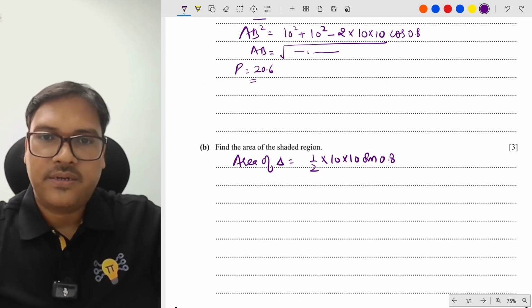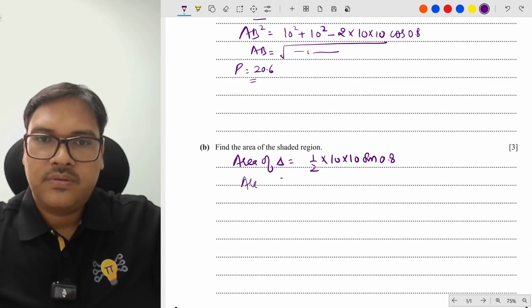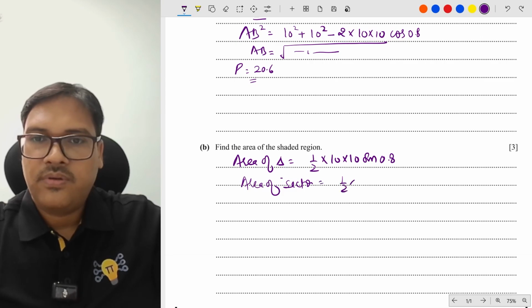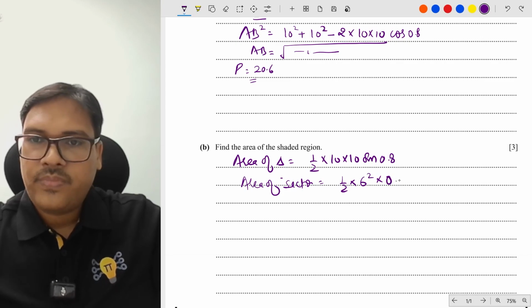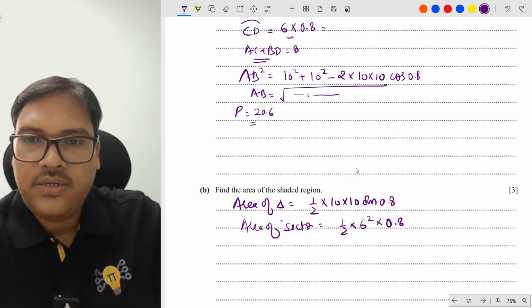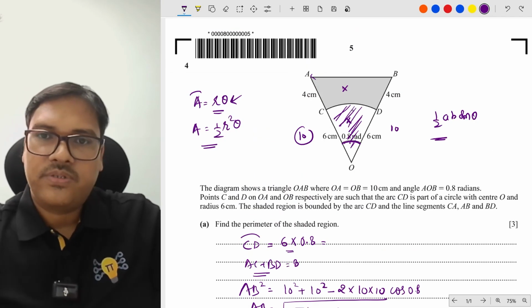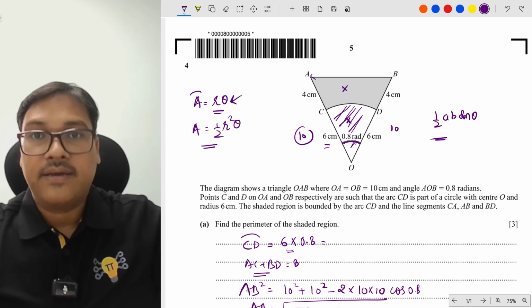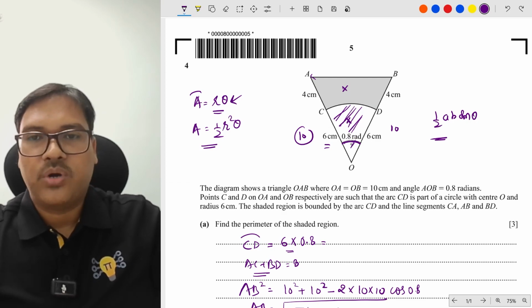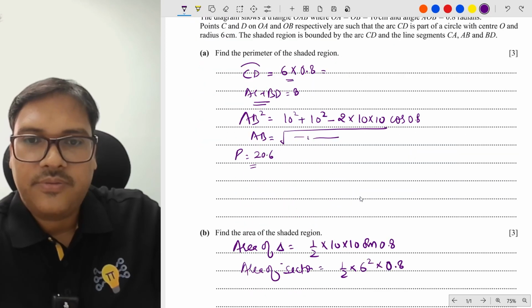Area of sector is equal to half, 6 square, and half r square theta. Theta is 0.8. The radius of this sector is 6. And what is the angle? That is 0.8 radians. So that is the value.